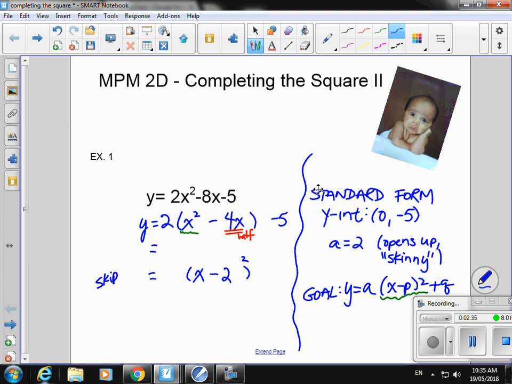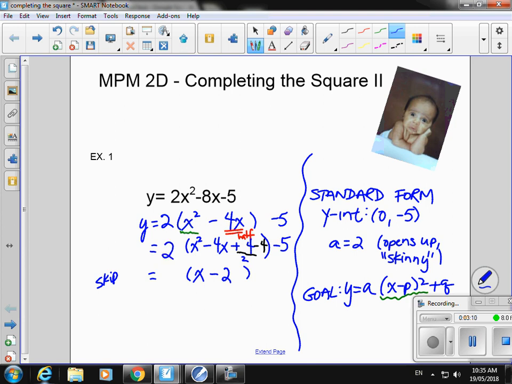Because when we FOIL x minus 2 squared, I would have x squared subtract 4x, that's outside inside, and my lasts would be plus 4. So I have to introduce that 4, but you can't just willy-nilly add 4 unless you at the same time subtract 4. Don't forget to make it all balanced here.